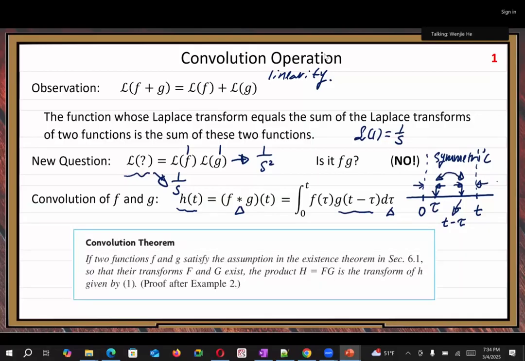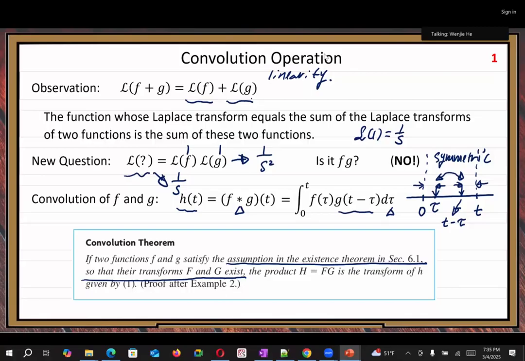Then the convolution theorem. Two functions f and g satisfy the assumption in the existence theorem. Let me explain. Because we need to take the Laplace transform, the first thing we need to make sure is that their Laplace transforms exist.